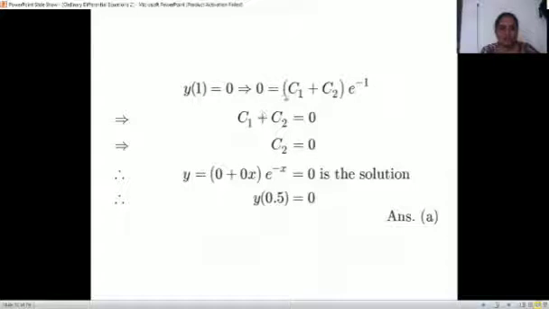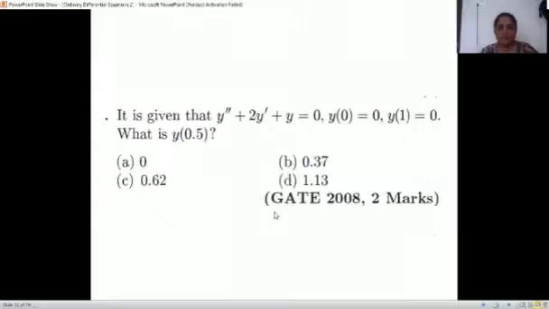So we are getting c1 plus c2 is 0. But c1 is already 0, that's why c2 is also 0. So everything is 0. So y is 0 for any x. If we put x is 0.5 also, it will be 0. So your answer must be 0 for this. So correct option is A.